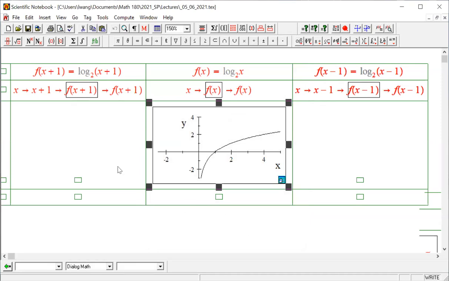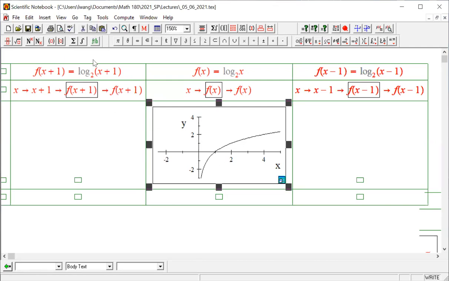Okay. So now, when we look at f of x plus 1 in comparison with log base 2 of x, how is the shift? Is it up or down or left or right? It goes to the left. X plus 1 will shift to the left. You're absolutely right.